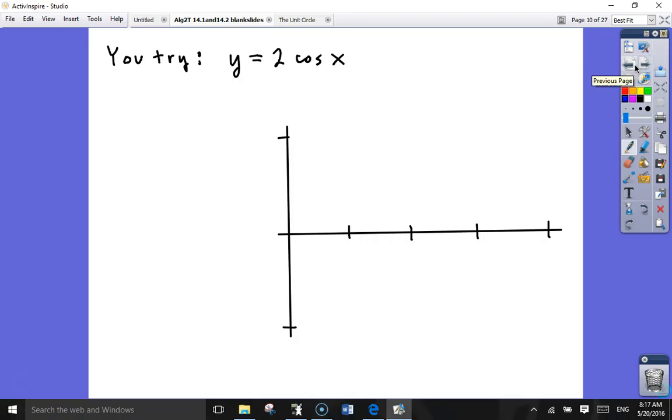So try to graph 2 times the cosine of x. And you're going to have to label the graph appropriately for whatever the amplitude and the period is.